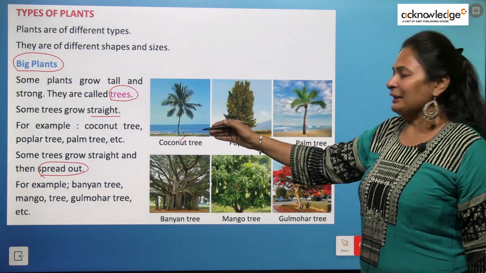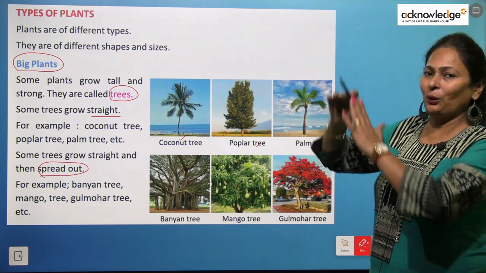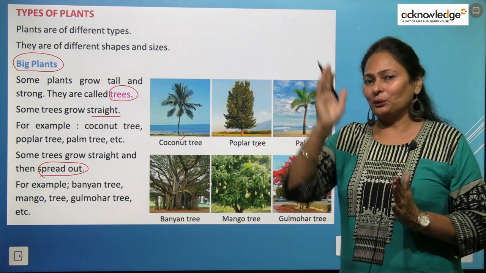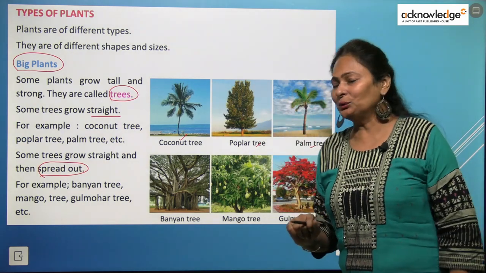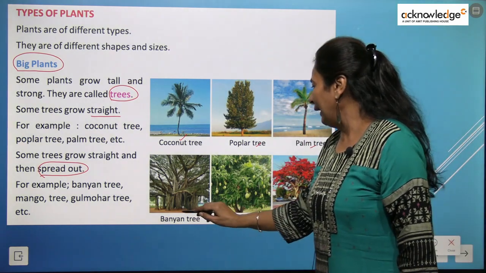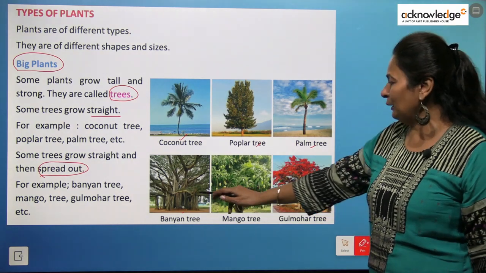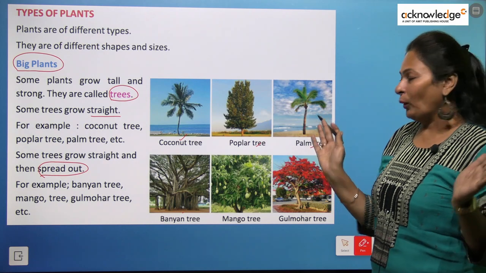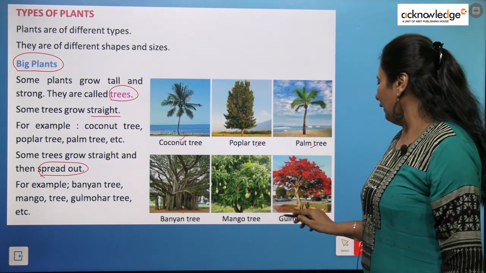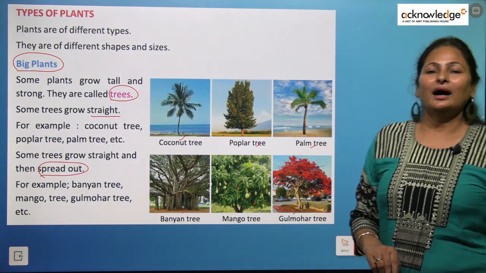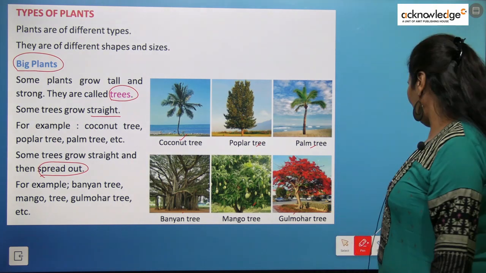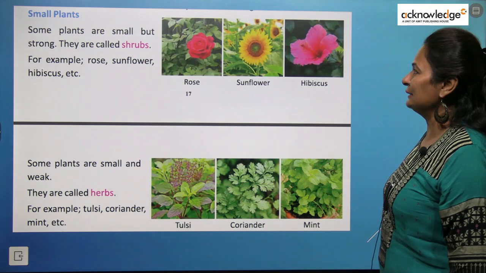Some big plants grow straight and are not wider, and some grow straight and are wider too, like the banyan tree. You can see in this picture the banyan tree has grown straight but it is wider. Mango tree and gulmohar tree are some common examples of big trees or big plants.